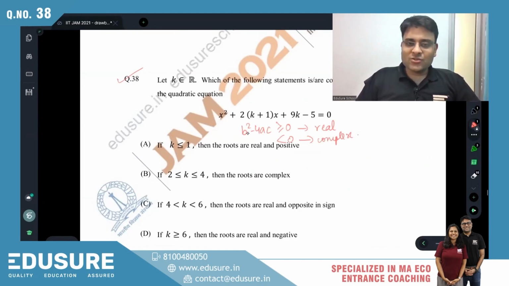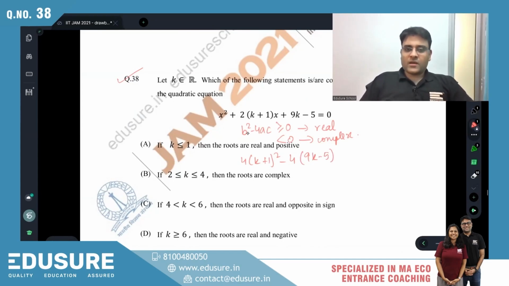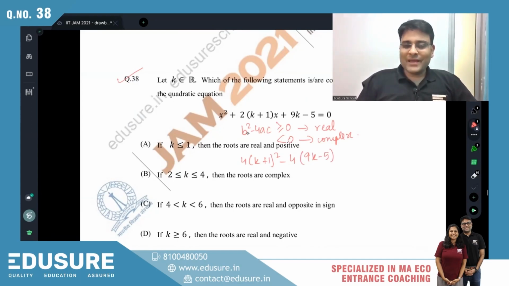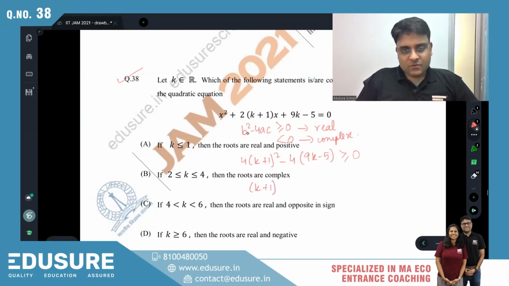So what will be b square minus 4ac in this case? So 2 square into (k plus 1) whole square minus 4 into (9k minus 5). Okay. So when will the roots be real? The roots will be real when it is greater than or equal to 0. So this can be written as (k plus 1) whole square minus (9k minus 5) greater than or equal to 0.